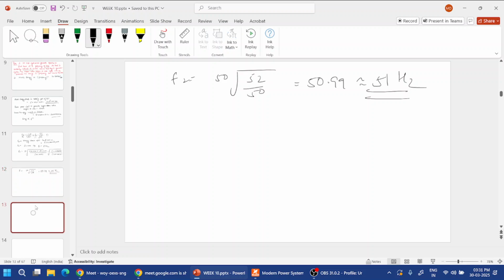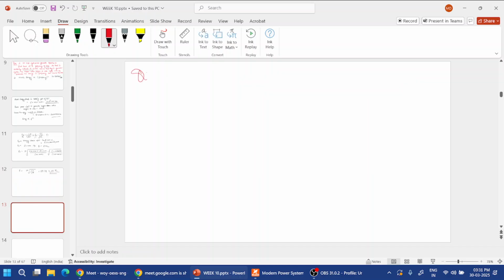I hope you understood that. Now moving on to the next question. Here in this question it is given two generators, rated 200 megawatt and 400 megawatt, operating in parallel.